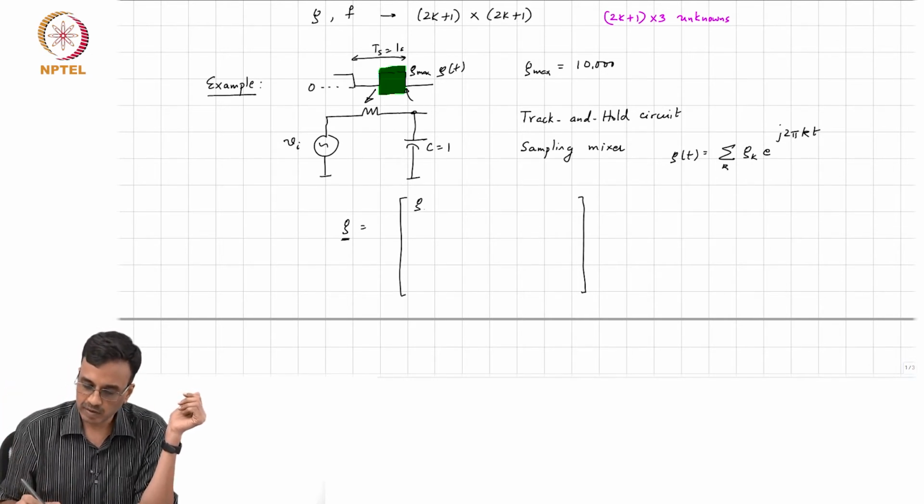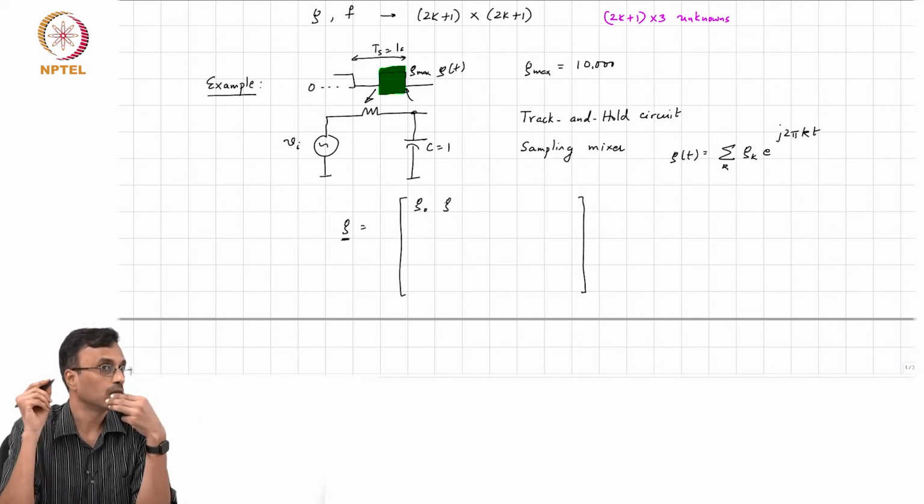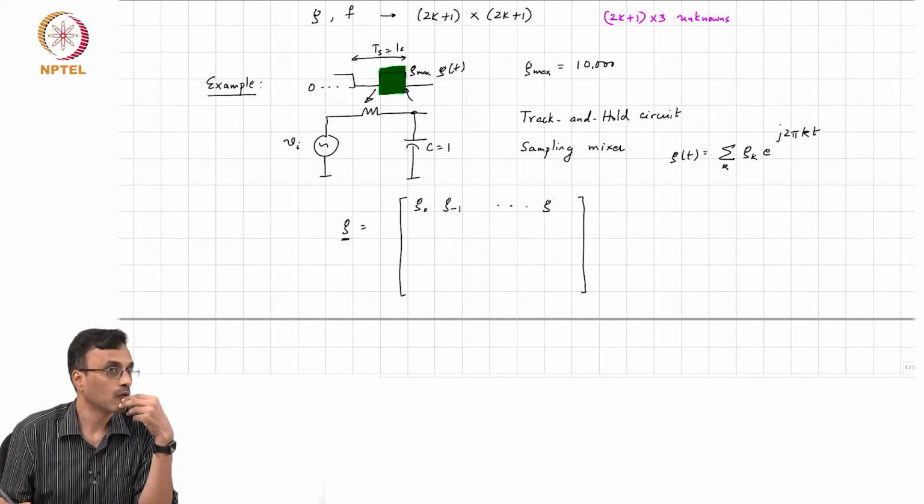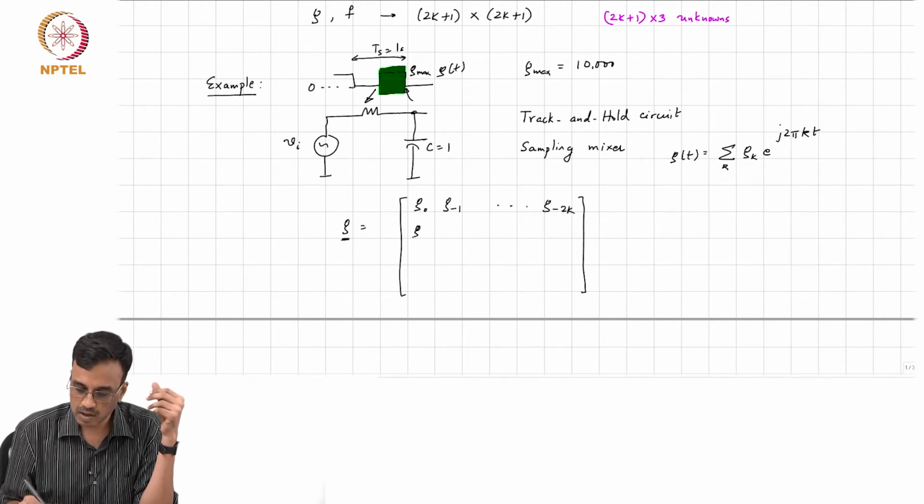And so, this is G 0, and this must be G minus 1 all the way up to G minus 2K. All right, and this must be G1 up to G2K, and all this will be, so this is G0 and this will be G0.